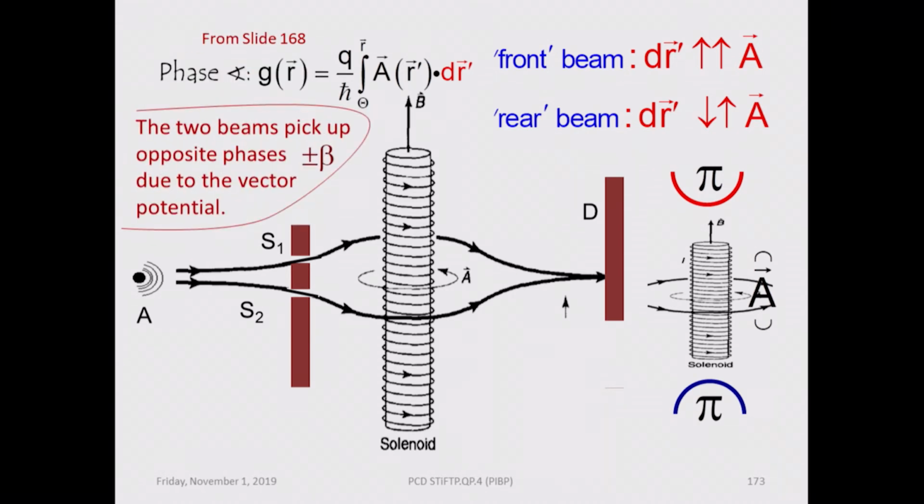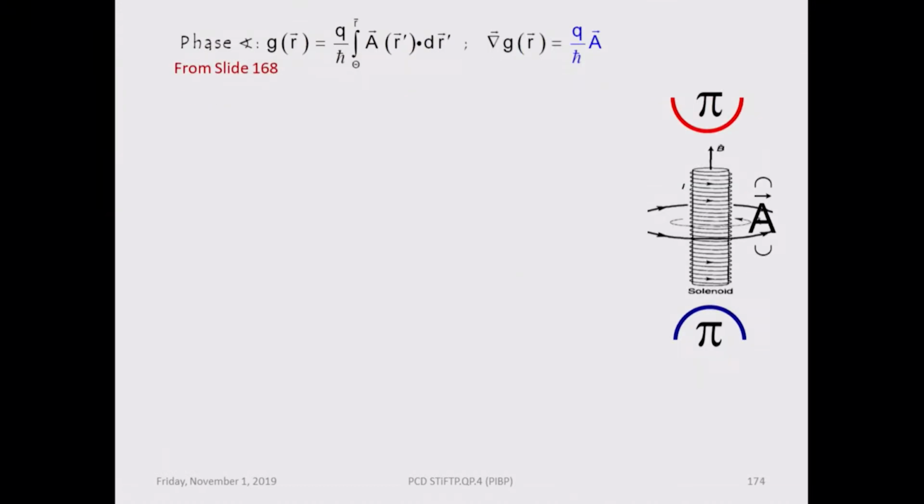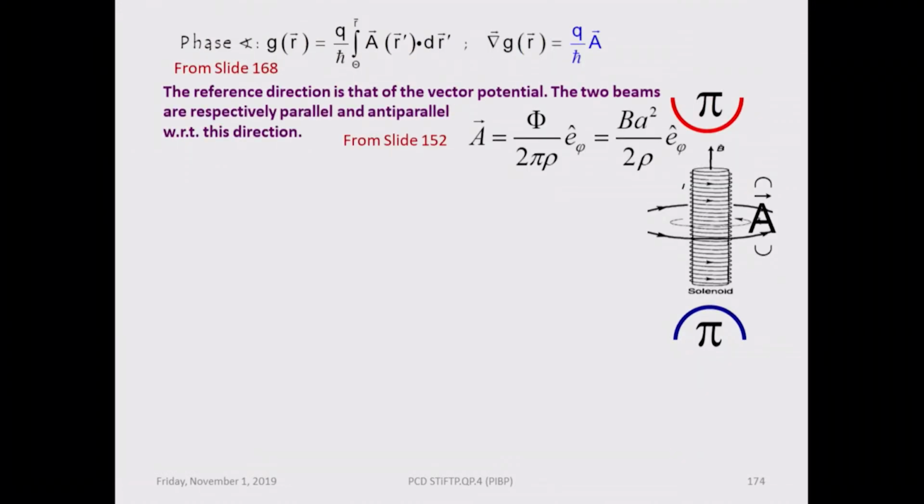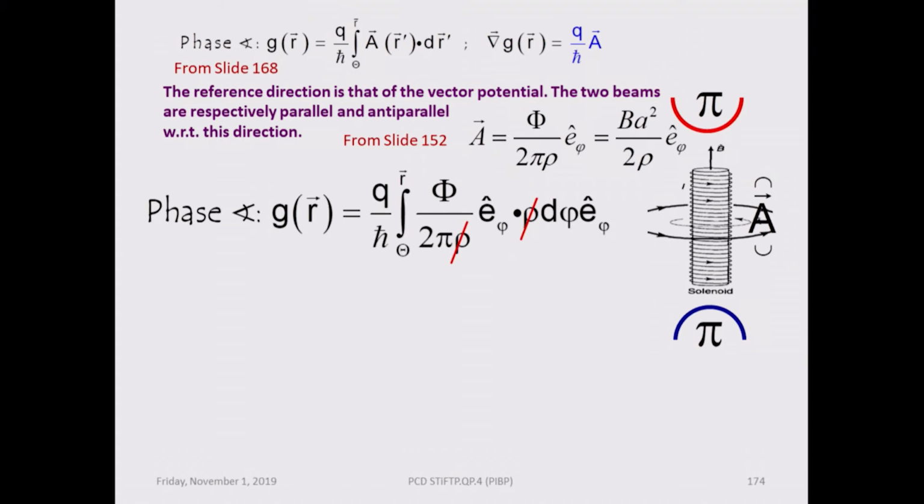Okay? So, the two terms pick up opposite phases which are plus or minus beta. It will be equal in every other sense except for this sign. Okay, there is no other difference, and except for the sign it is the same, and you have to determine this integral A dot dr.